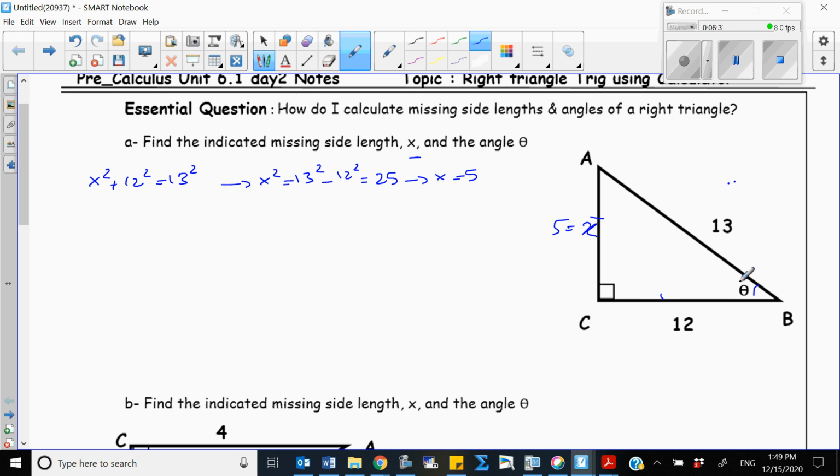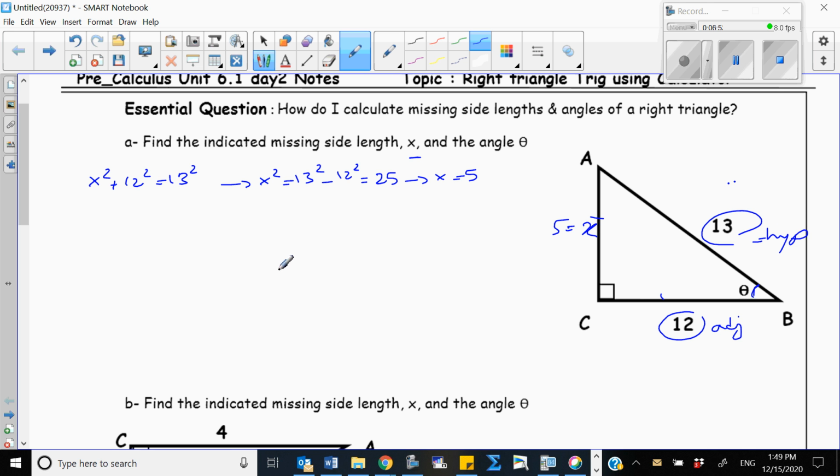Now, how do I find the angle? I'm going to use the given data that I have here. If this is my angle, this one will be the adjacent side. Adjacent and hypotenuse give me cosine. Cosine of theta, which is adjacent over hypotenuse, is equal to 12 over 13.